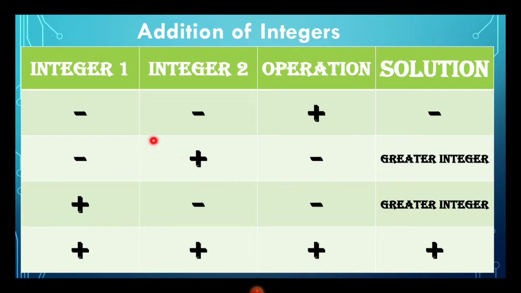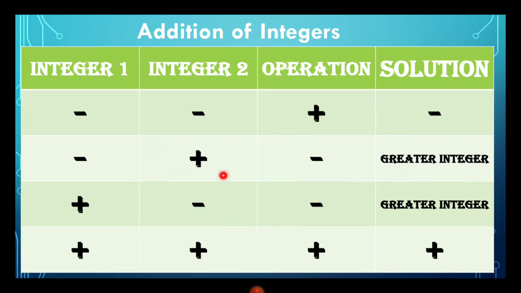Now, say you add one negative integer and a positive integer, you will do subtraction. And what will be the sign of it? Say the negative integer is -2 and the positive integer is 4. When you subtract, you will get 2. But what will be the sign? I have written here the greater integer.